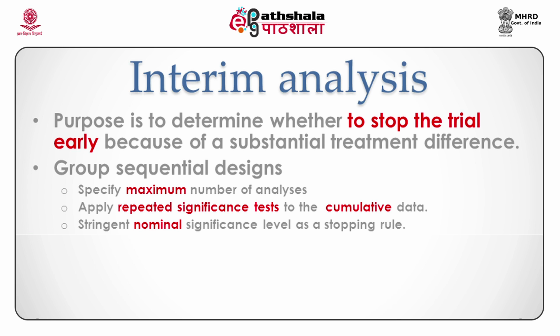The way around this is to define something called a nominal significance level, which is much more stringent than the overall alpha which we desire, and to use this as a basis for a stopping rule.